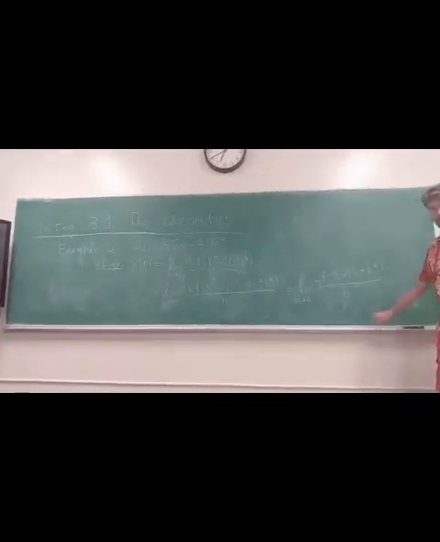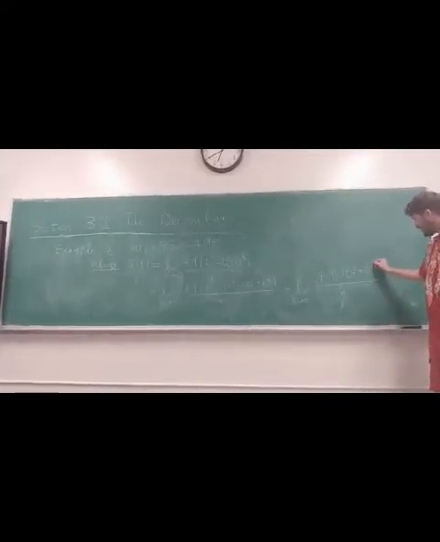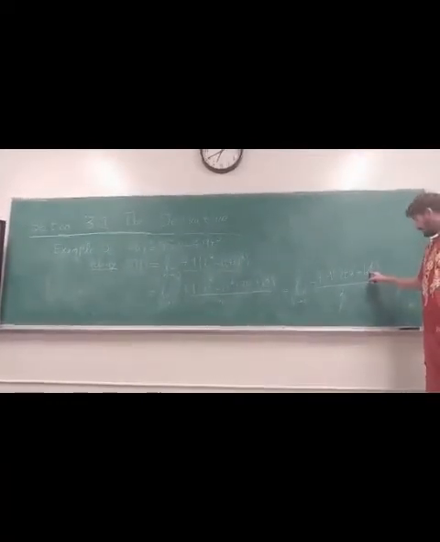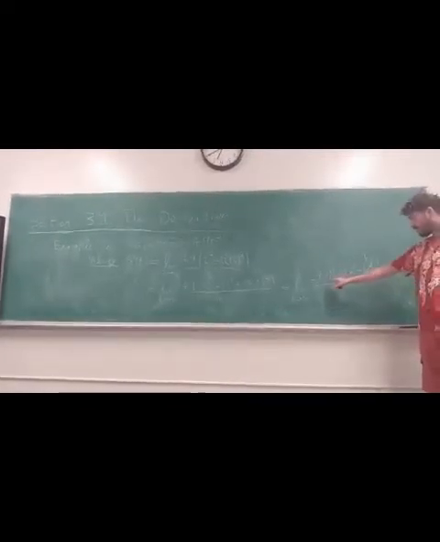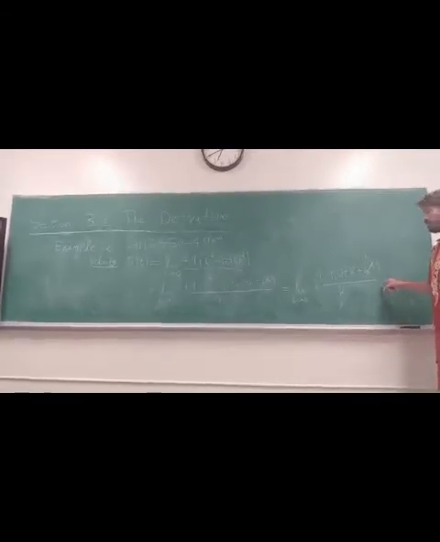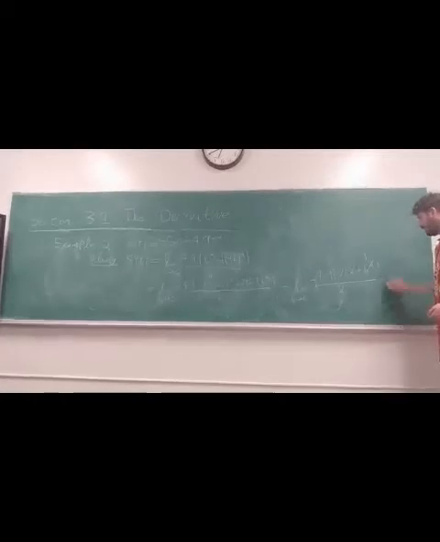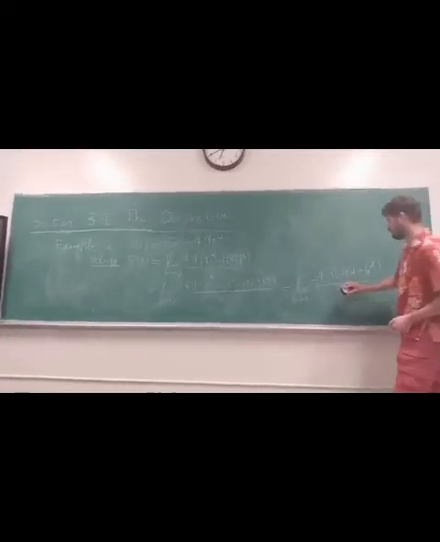Now we're in a position where we can cancel the factors of h. This factor cancels, this factor cancels. Only one of these factors cancels, so we're left with h. So what we're left with here is negative 4.9 times 2t plus h.